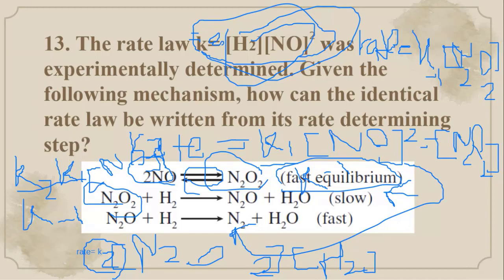So now when we got it like this, we can say k is equal to k2 times k1 over k negative 1. But we got it substituted to be in the regular experimental rate law formula. That basically shows how you can take an intermediate in a rate determining step rate law and then change it into an experimental rate law.